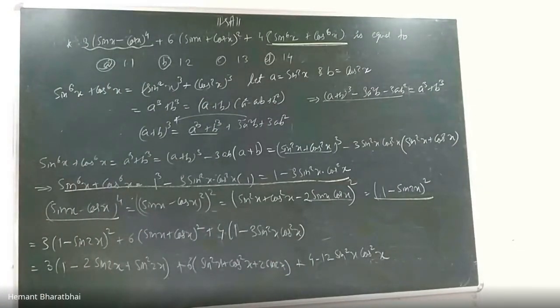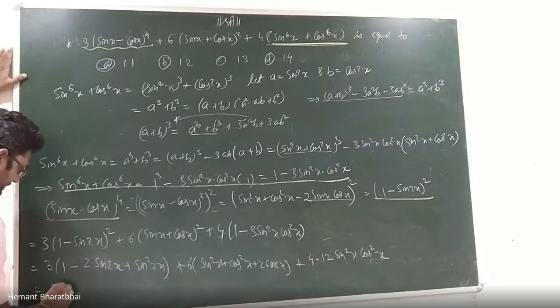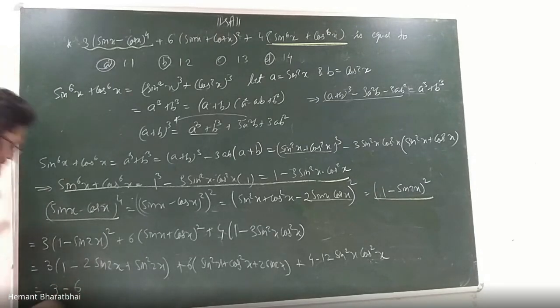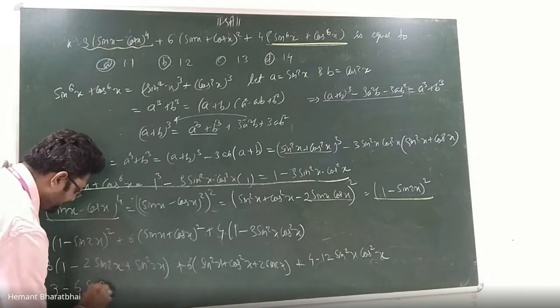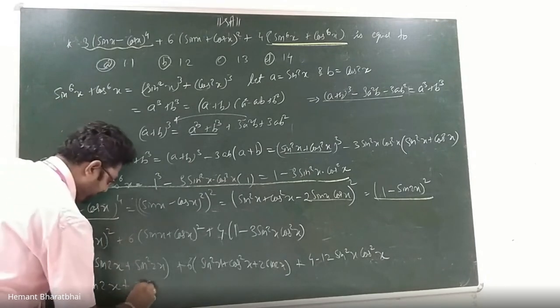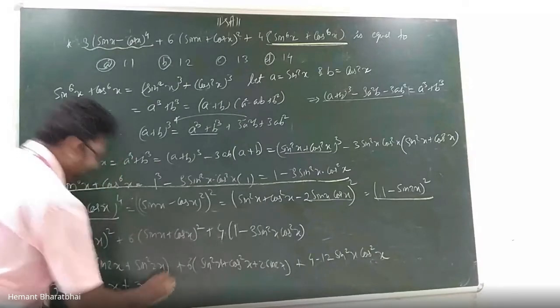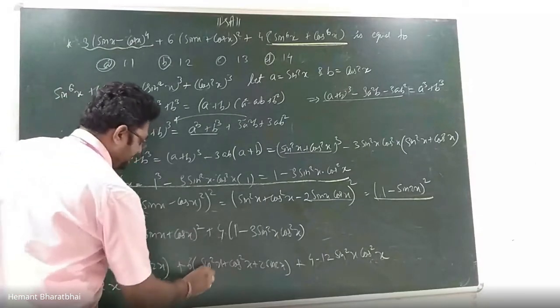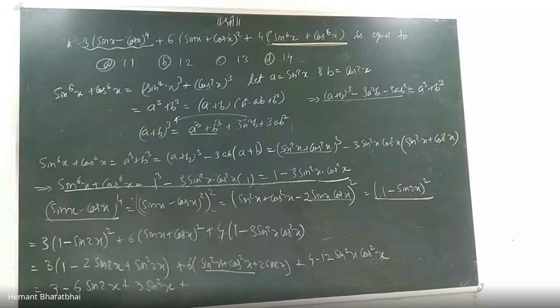This 3 I'll multiply inside, so I'll get 3 minus 6 sin 2x plus 3 sin square 2x. This sin square x plus cos square x, that is 1.